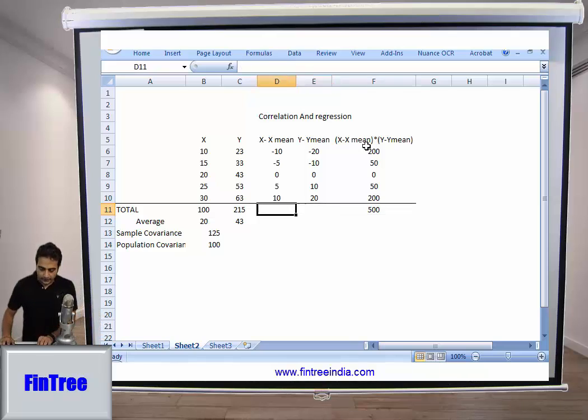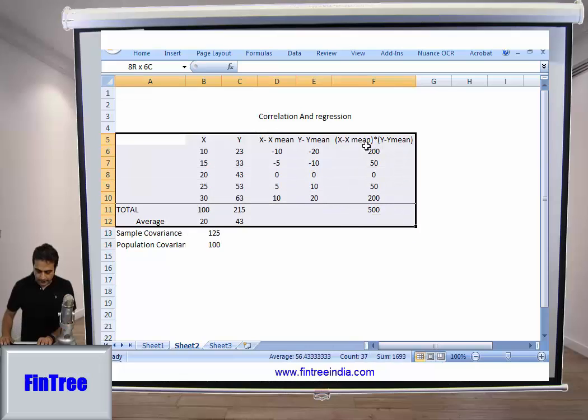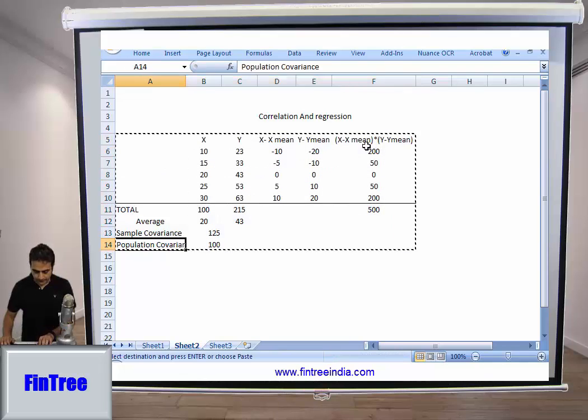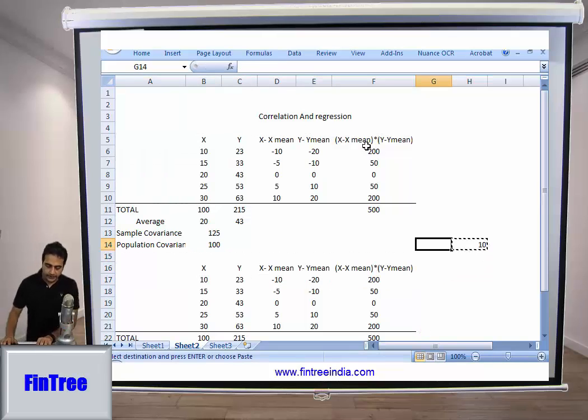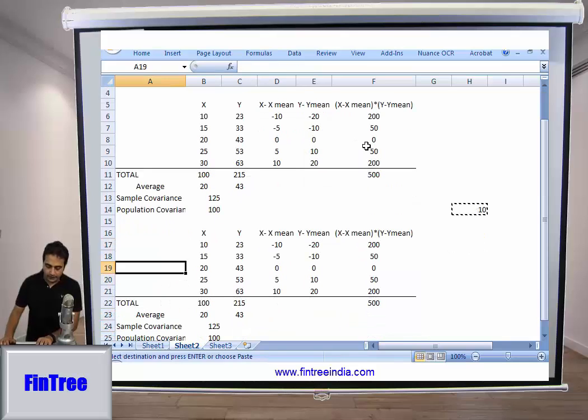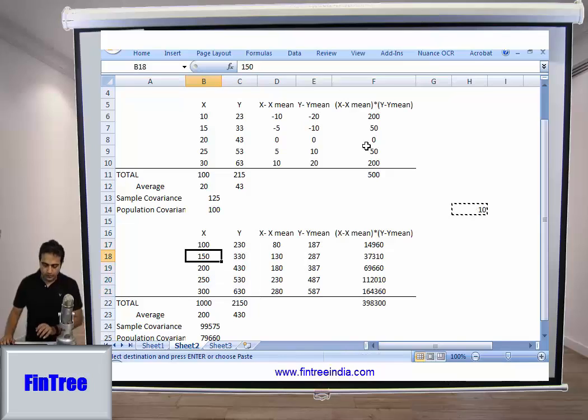Now look at the second difficulty here. I'm going to copy paste this data as it is. The only thing I'm going to change is to have these X and Y values in multiples. Look at the X values and Y values.